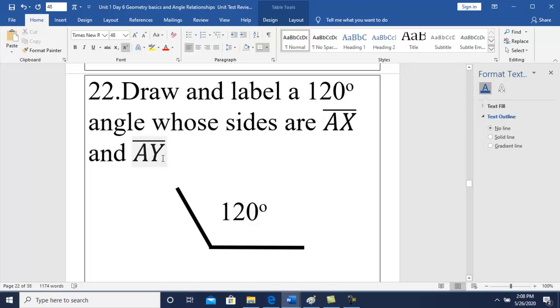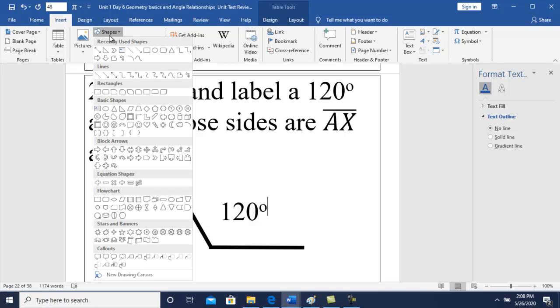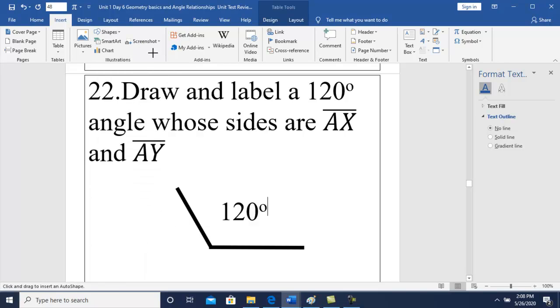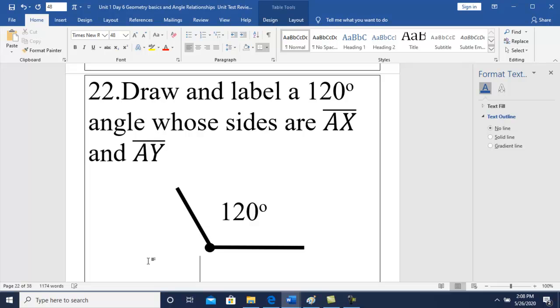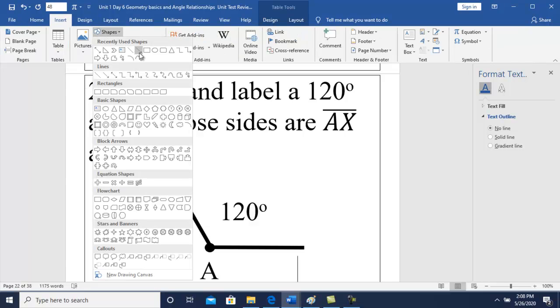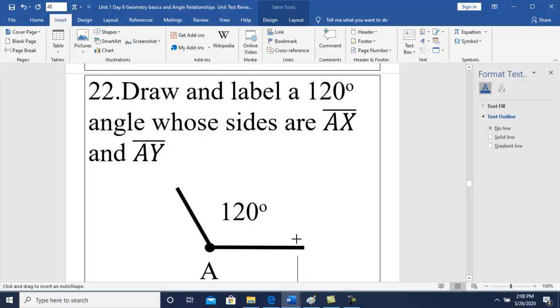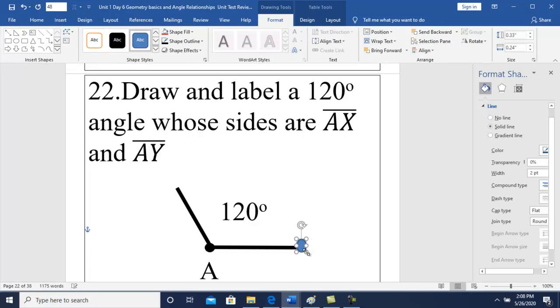Notice that both AX and AY share a common point of A. So there's your point, this is going to be A. We have to do this for X, so we insert another point here, where X is located.